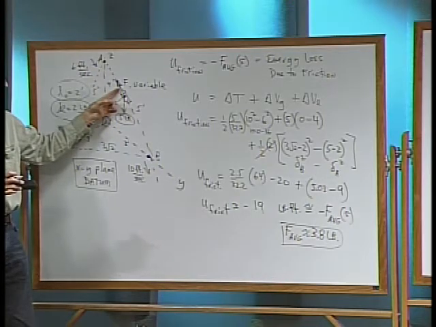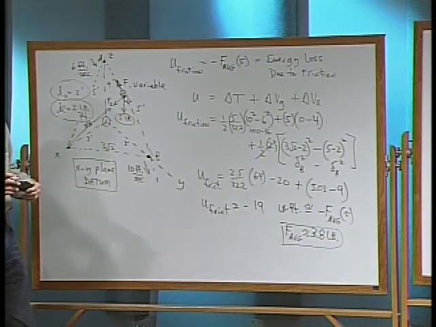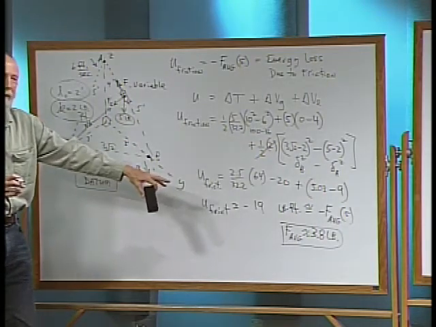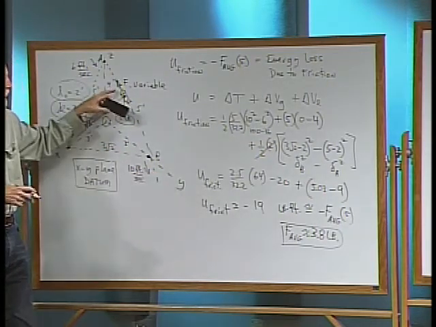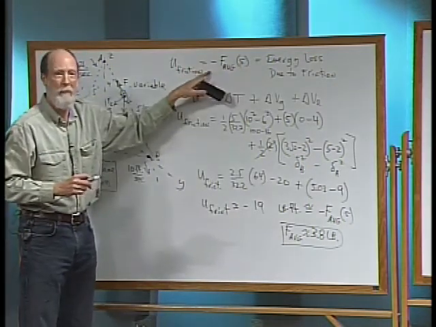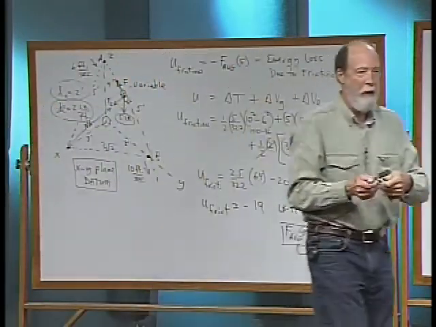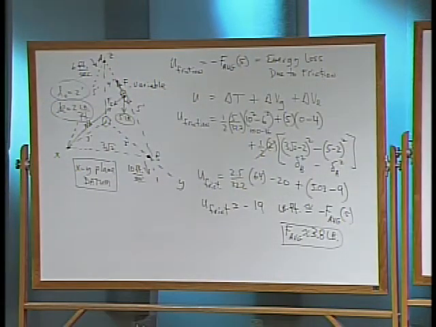Negative work being done. And that's why we ended up with a positive result, because we were very careful to assign a negative to that product there. So it's a pretty basic problem, but nevertheless it's useful to run through things like that.